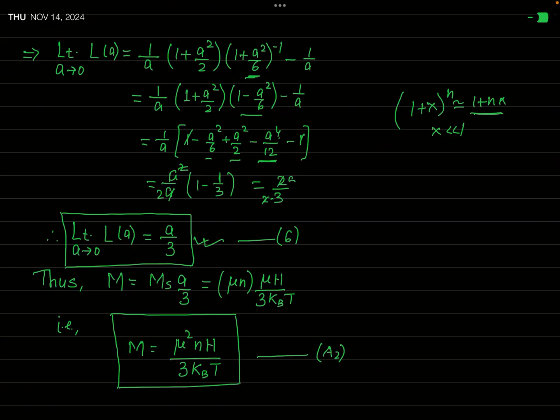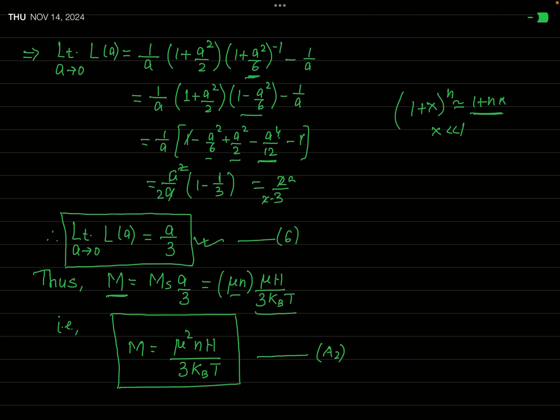And therefore you can write the expression for magnetization M, which is Ms times L of A, but L of A is in this condition A by 3, so M is Ms times A by 3. Again, you know Ms is equal to mu n and A is equal to mu H over kBT.